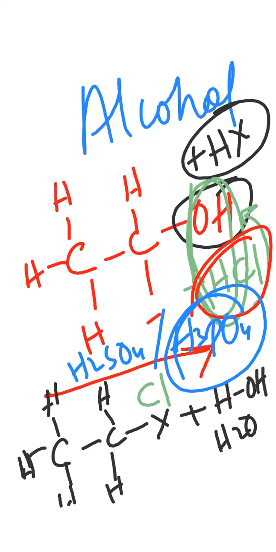Basically, both are correct, because a few writers use H2SO4 in a few books. It means both are correct. So for the substitution of alcohol, if you're using HX, where X could be any halogen, you have to use H2SO4 or H3PO4 as a catalyst here to lower the activation energy or to speed up the reaction.